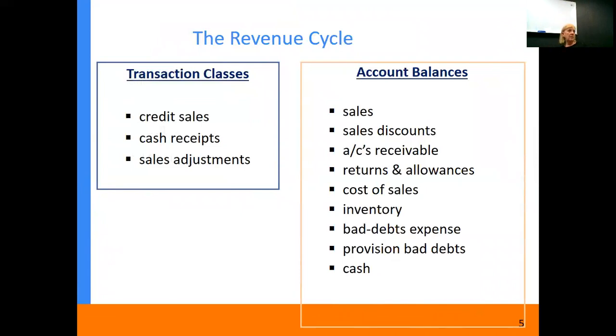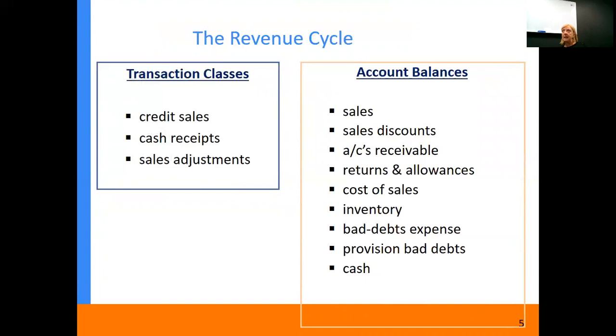People bring things back, they want a refund, they might have returned it because it was faulty, or they might have just changed their mind, or some sort of sales adjustment might occur. And of course, the sales adjustments are fewer in terms of transactions, but it requires its own controls to make sure someone isn't defrauding in that area.